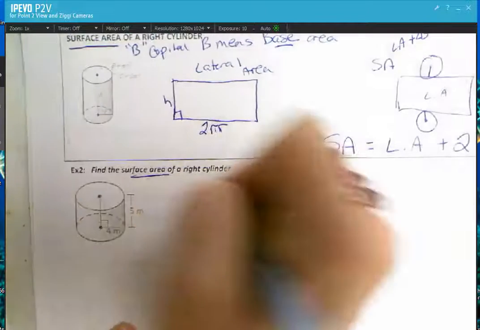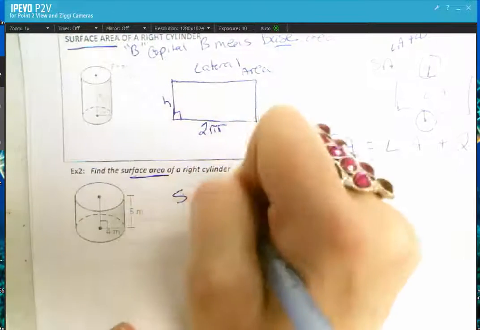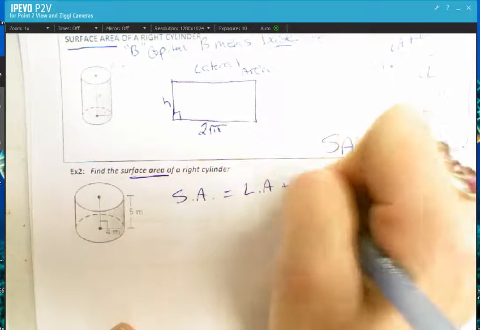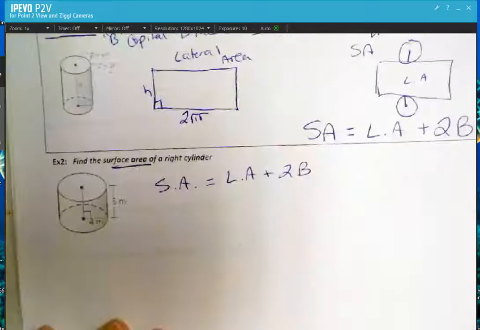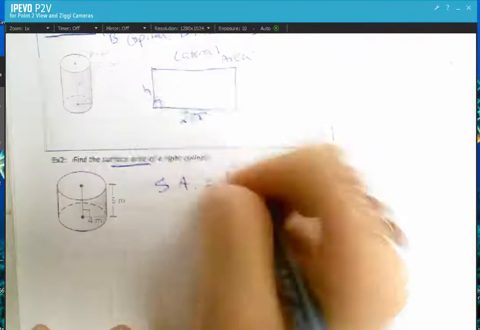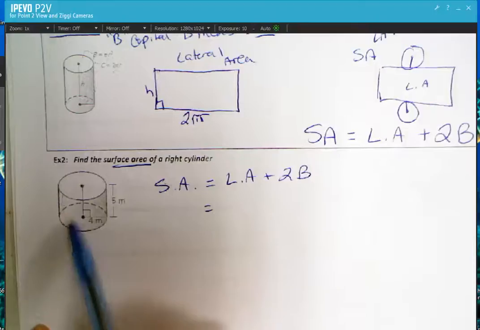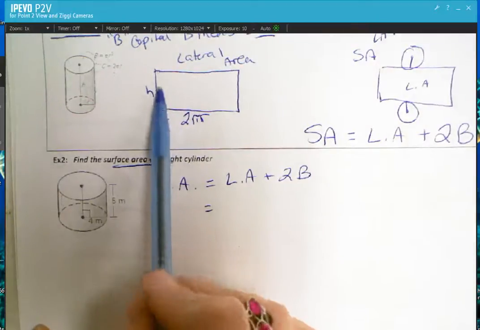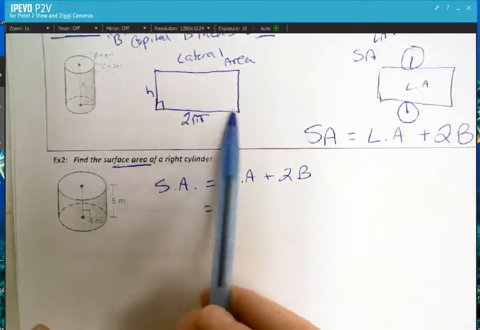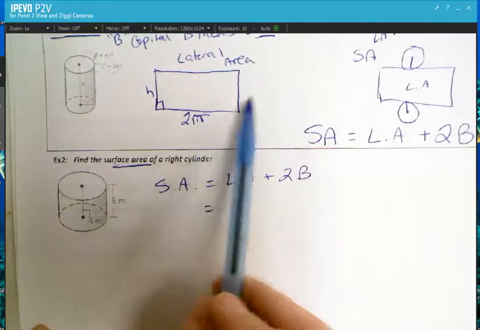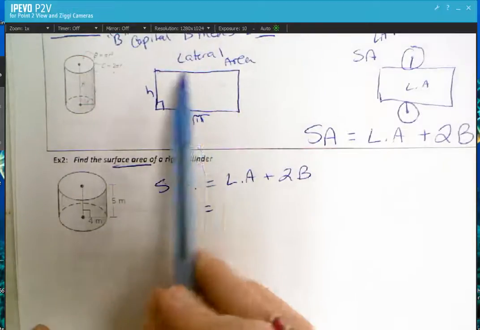So I'm looking for surface area. I start with the formula. Surface area equals lateral area plus 2 times my base area. The lateral area of a cylinder is a rectangle that has a height and a base that is the circle circumference.